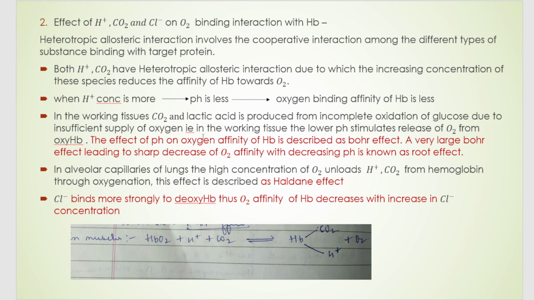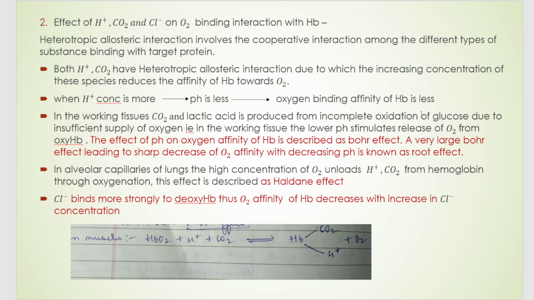Okay, so consider your tissue. Your body tissue is there. Now hemoglobin has not reached yet. Hemoglobin is still in the lungs, on the way coming to the tissue. What happens in the tissue? Now hemoglobin has not reached yet, so there is no oxygen in the tissue. So the working tissue releases carbon dioxide and lactic acid. Why is this produced?